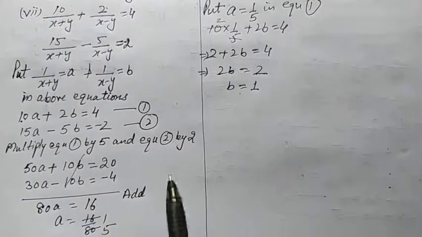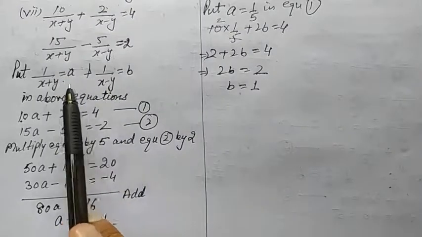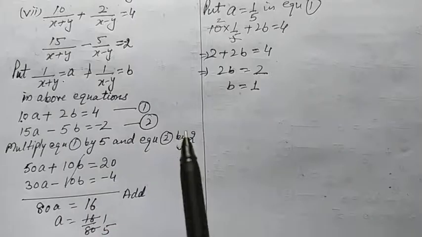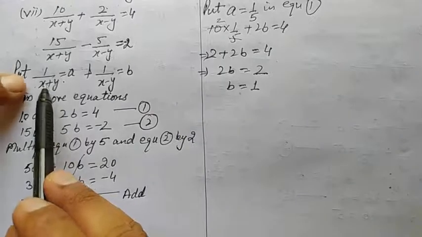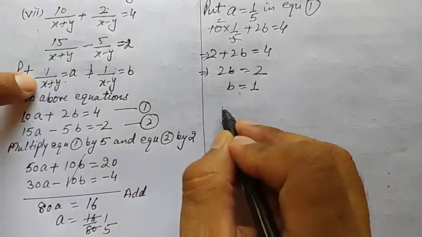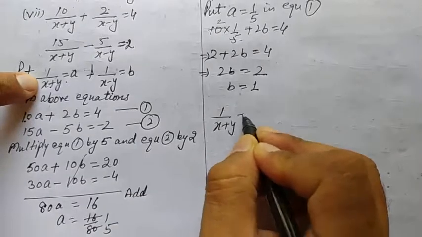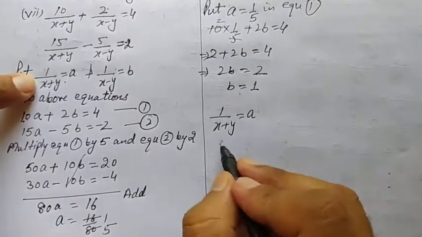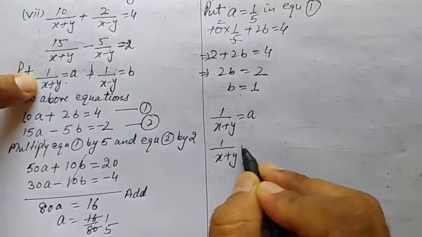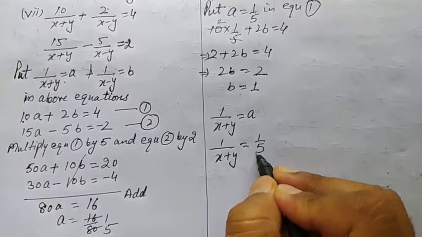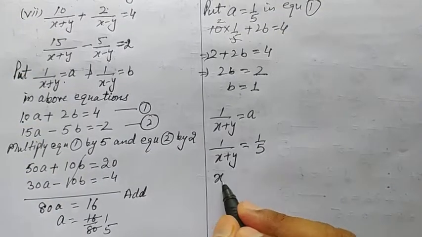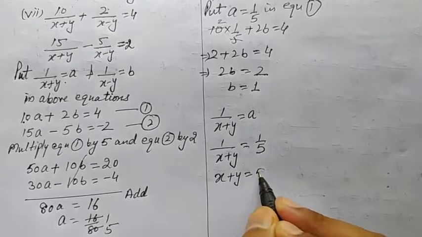Now we need to find the value of x and y. A and b we have taken from our side, so we have to find the value of x and y. We'll go here now. It is 1 over x plus y as a, so 1 over x plus y, a is 1 by 5. If I cross multiply this equation, I get x plus y is equal to 5.